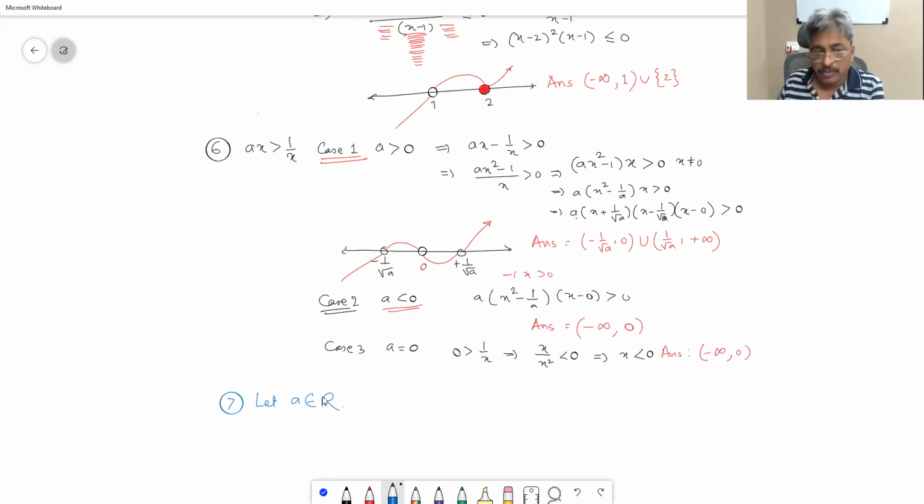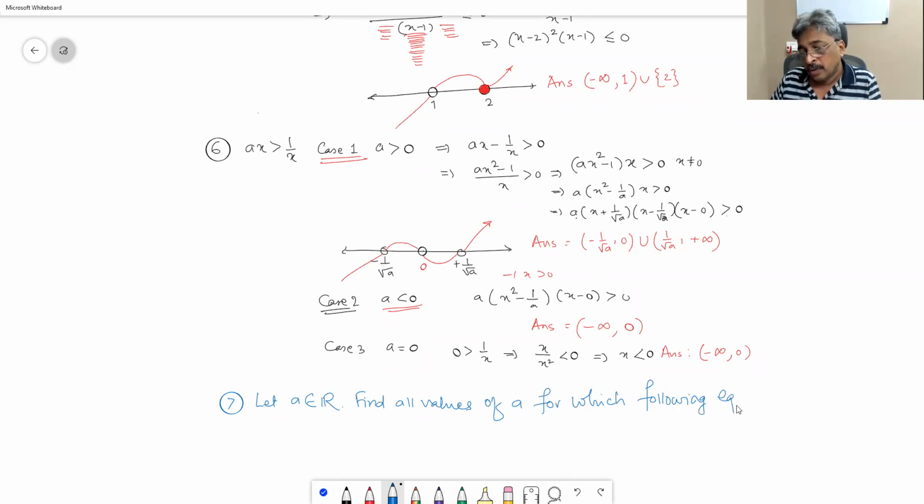Find all values of a for which the following equations have real roots.